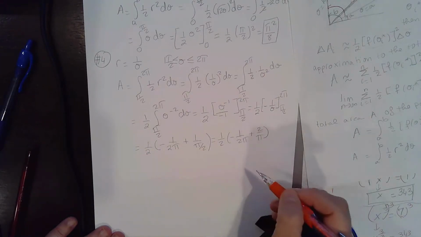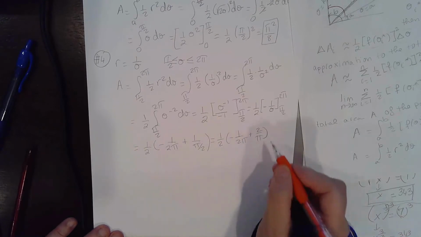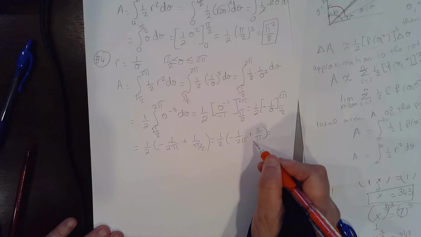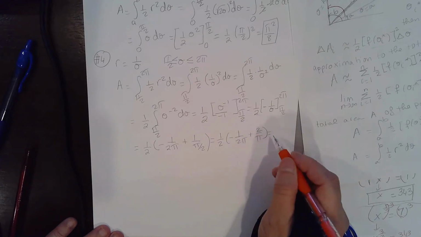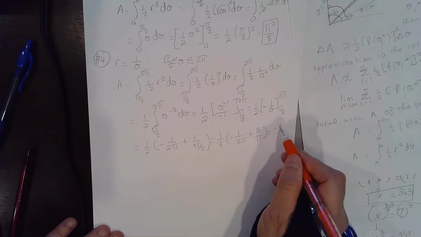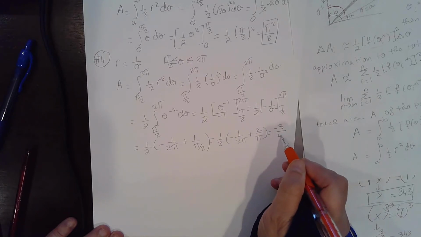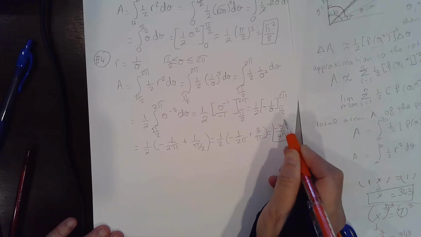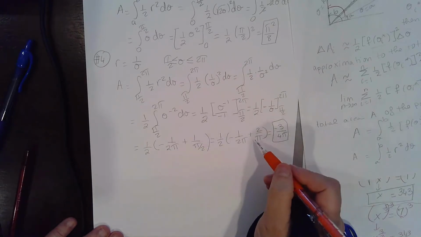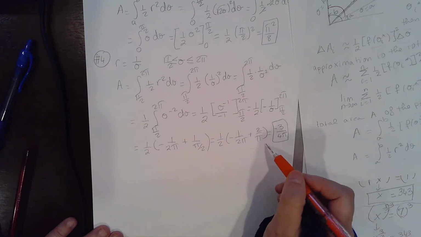So you can add this. So this is 4 over 2 pi, remember the LCD. So times 2 times 2, that's 4 over 2 pi. 4 minus 1 is negative 3... Oh, but we have a minus, so never mind.